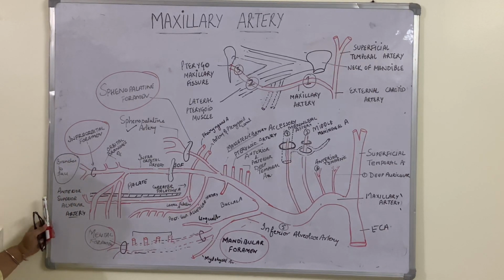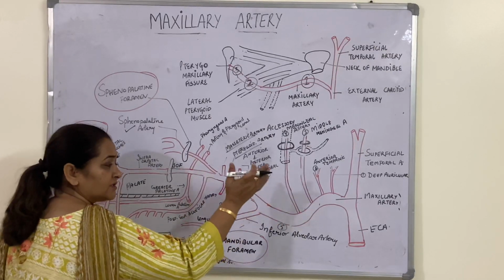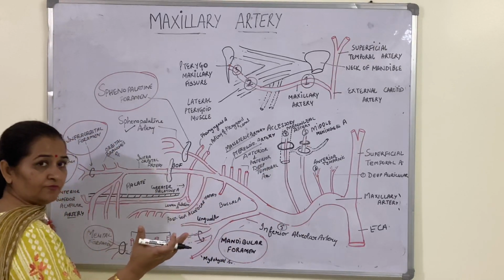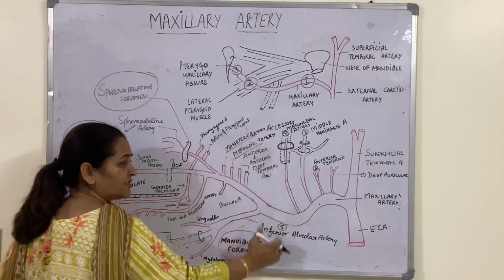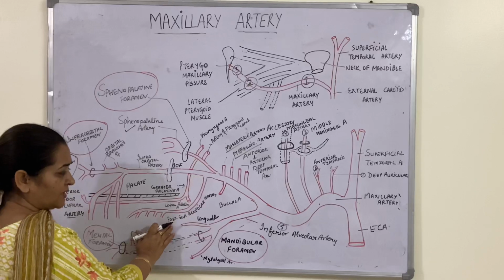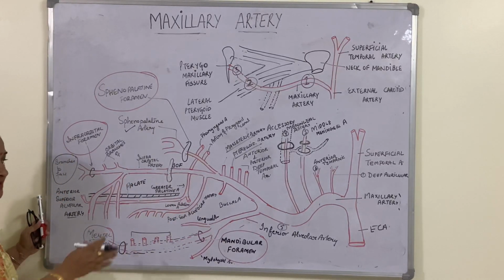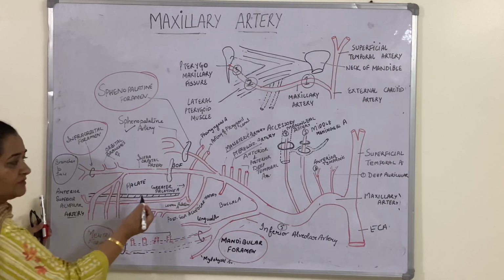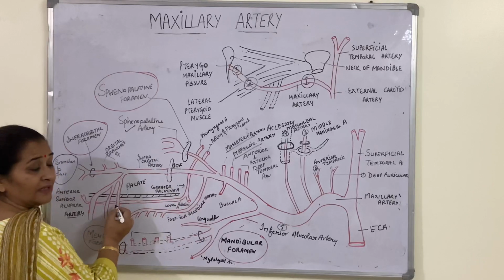So this is important. This is all about the branches arising from the maxillary artery. What is important for you is to know the different parts of the maxillary artery and name the branches. Each branch carries its contribution to the part, so whatever the part is, accordingly the name is given. Suppose the greater palatine artery and lesser palatine artery supply the hard palate.